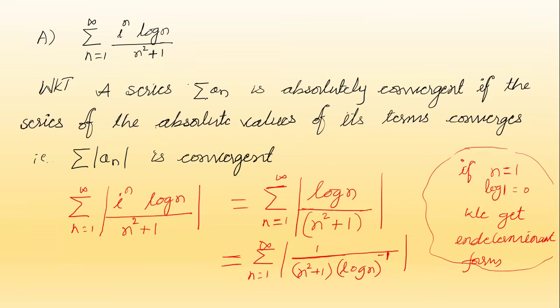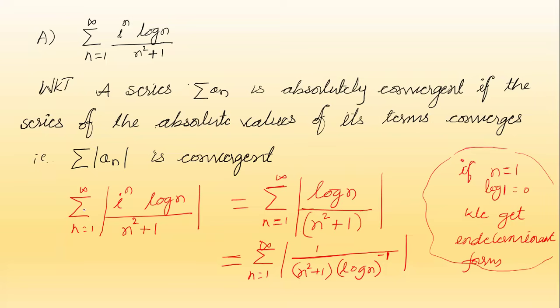A series is said to be absolutely convergent if the series of the absolute values of its terms converges. That means summation modulus of a_n is convergent.